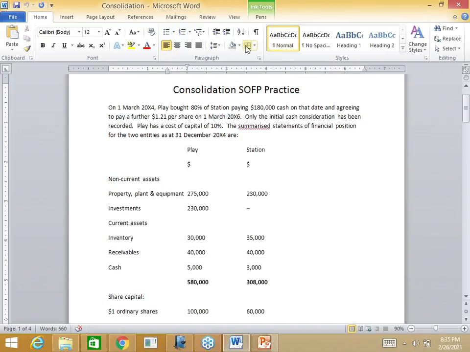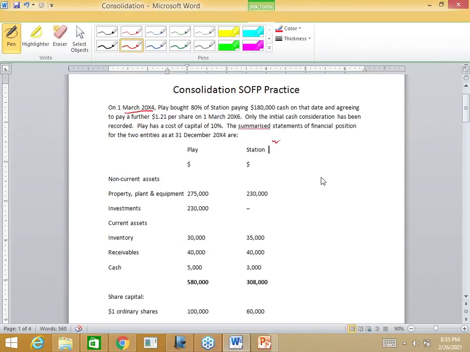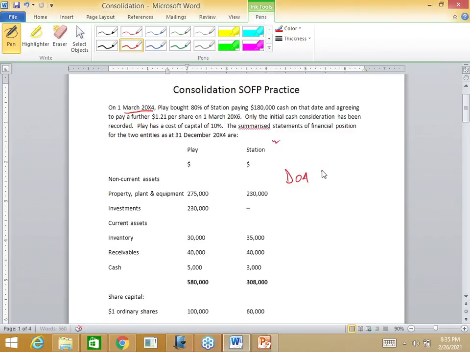So that's the question. On 1st March 2004, whenever you do a consolidation question, always make your date. So the date of acquisition is 1st March 2004. Player bought 80% of Station.